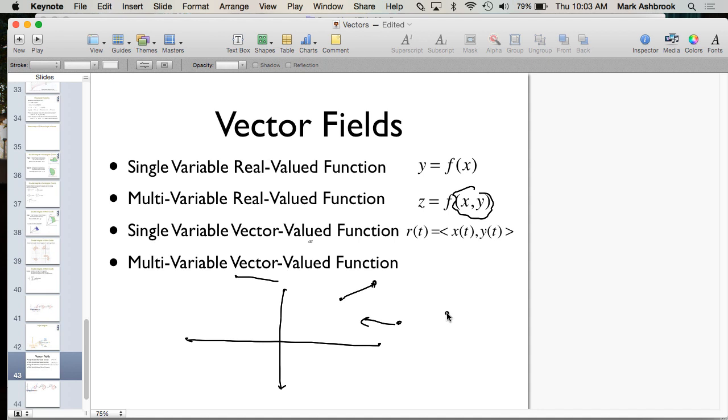That's why it's called a vector field. So this is R2, two variables, and a two-vector would be a planar vector field. The independent quantity is a location in the plane. The dependent quantity is a vector associated with that location.